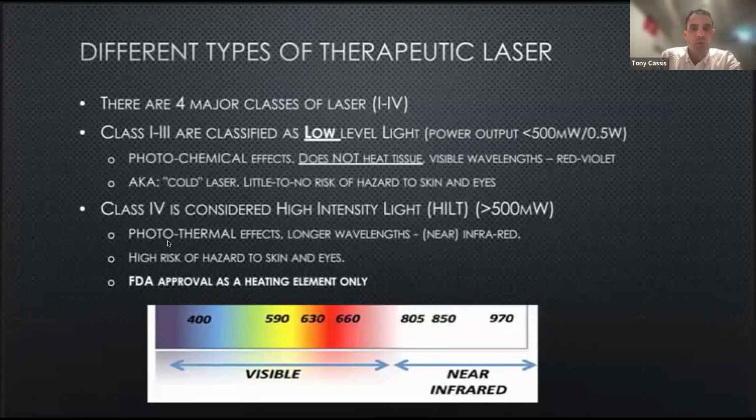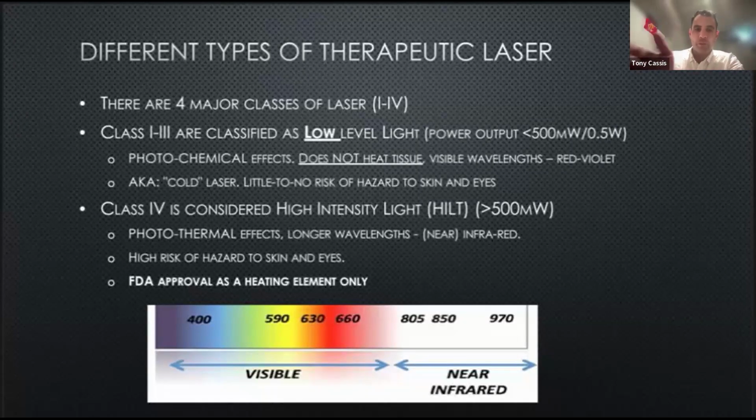Typically, these produce photothermal effects as opposed to photochemical effects. So what they're typically doing is producing effects of heating, and typically they use longer wavelengths, infrared or near infrared wavelengths, as opposed to the visible light spectrum, the red to violet wavelengths. And again, there's high risk of hazard to skin.